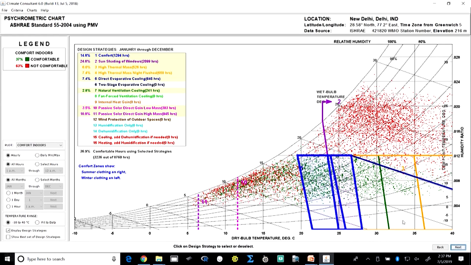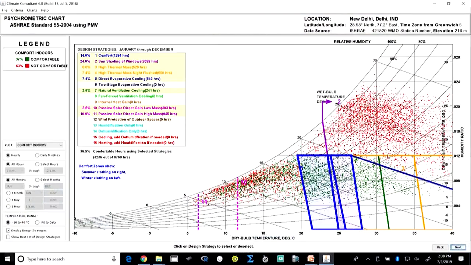We know that the extremely high temperatures and low humidity can be brought under comfort employing evaporative cooling, which is like desert coolers. The extremely low ones can be brought under comfort by adding direct solar heat gain. That can also be partially brought under the comfort range, but the problematic period for a composite climate would be this warm humid period, and that is where we would probably need cooling and dehumidification, and we can see that 40% of these hours.